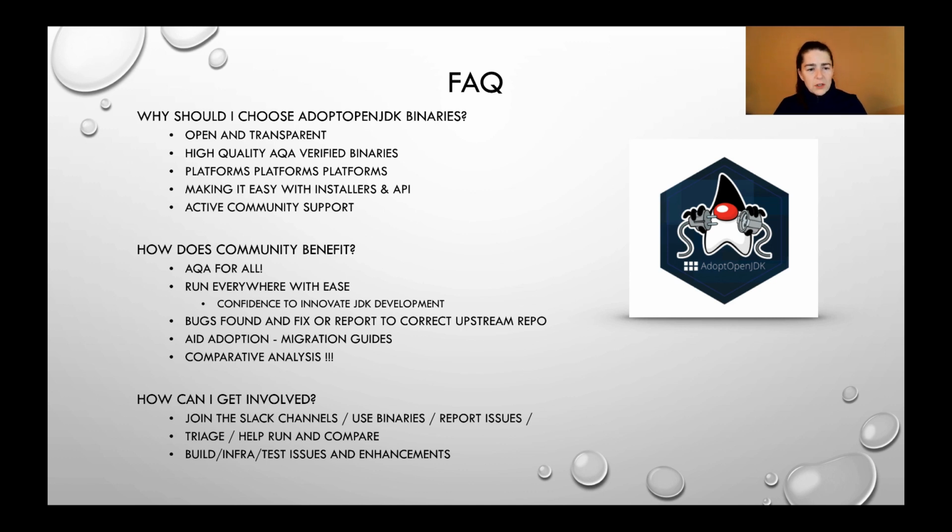We're not just one single vendor. The people in our community believe in open source. We believe in open and transparent activities, and I think we have a lot to offer here.